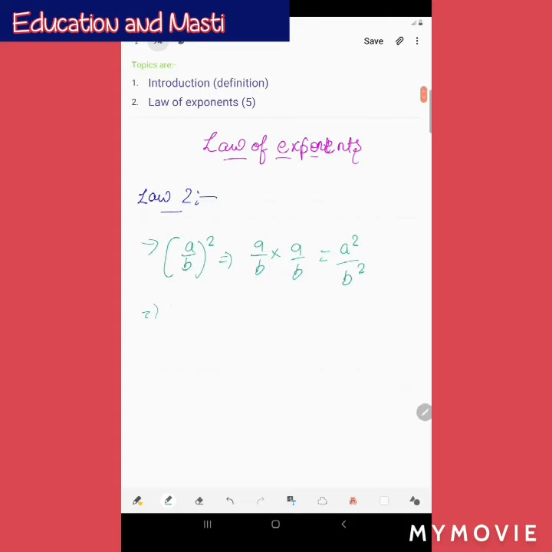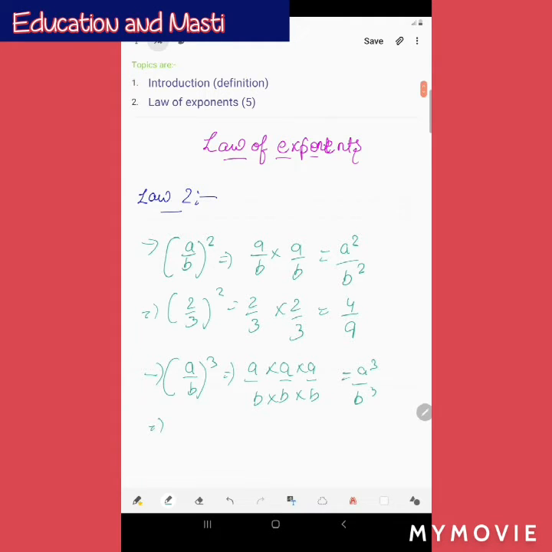Like suppose I am taking (2 by 3) square. So I will multiply 2 by 3 into 2 by 3. Therefore I will get 4 by 9 as the answer. So I hope this first thing is clear to you. Now let's move to the second one. The second one is similar, like (A by B) cube. I will do A by B into A by B into A by B, and I will get A cube by B cube.